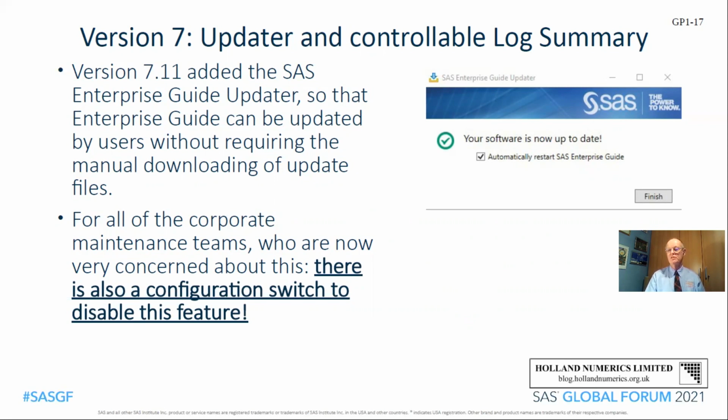The problem, of course, was this version control. But also some corporate maintenance teams were a little bit protective of their installations, understandably. You wanted to make sure that everyone was on the same version, if at all possible, because of this incompatibility of later project files.